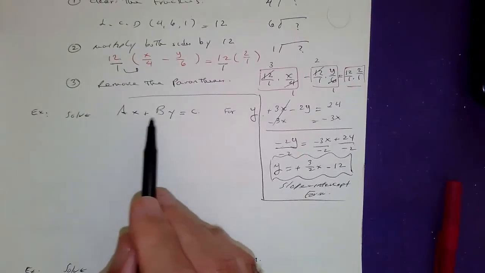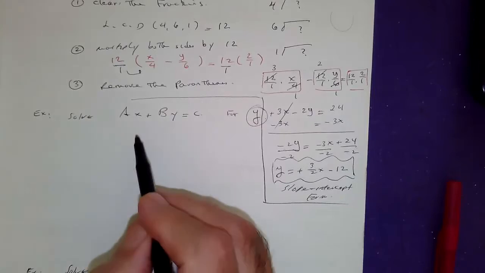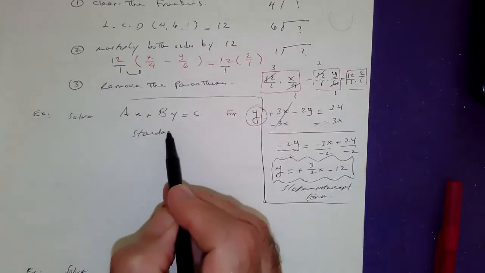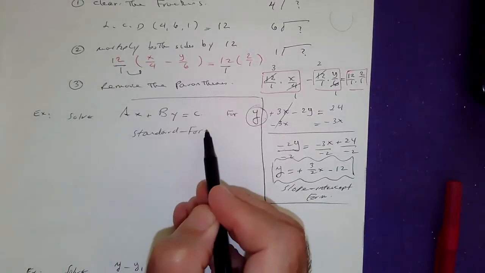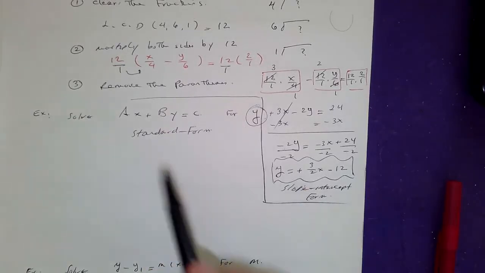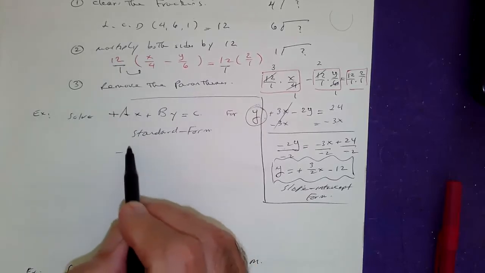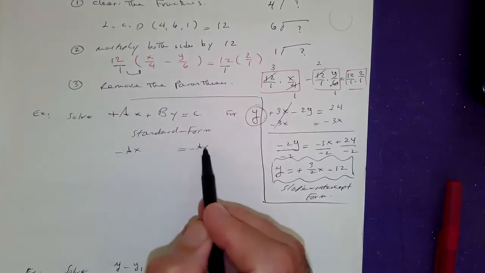Next one is ax plus by equals c, solve for y. This is called standard form of equation of a line. So the question is, can you put the equation in slope-intercept form? How do you do this? Once again, there is a plus ax, so subtract ax from each side.